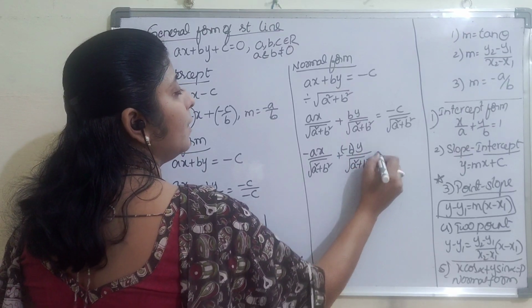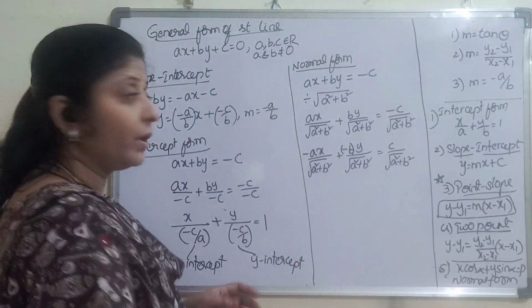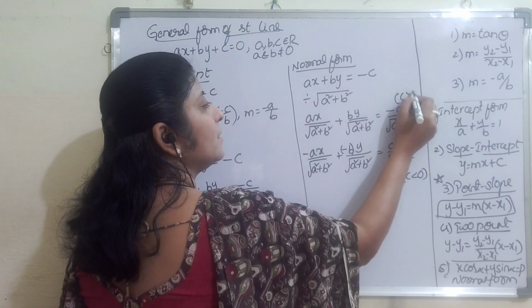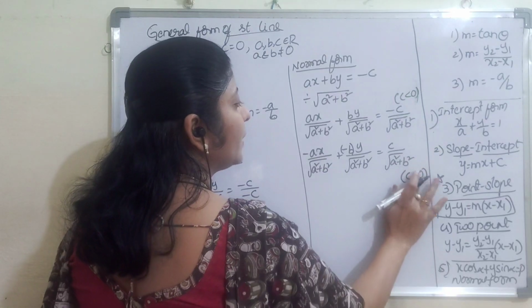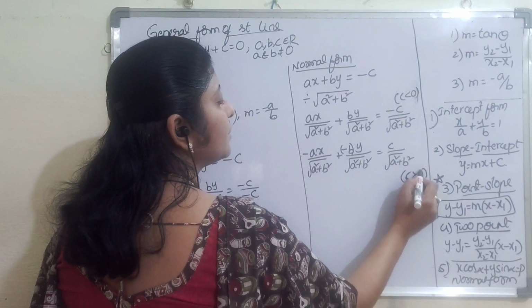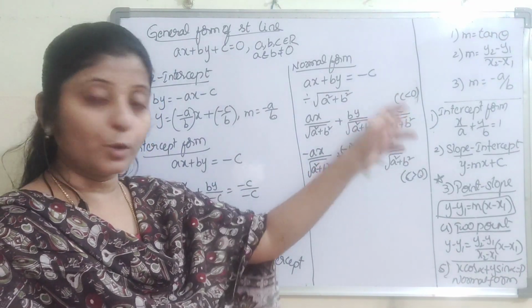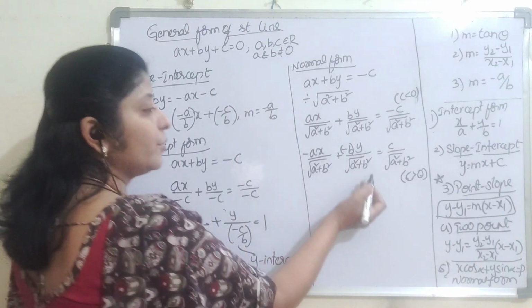So it will be c by root a square plus b square. So when c less than 0 it is, and when c greater than 0 it is. C less than 0, c will be a negative value, negative into positive will come. C greater than 0, like this you will get the answer.